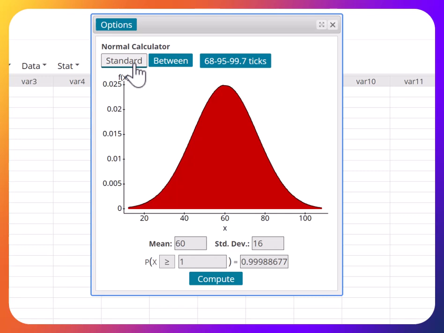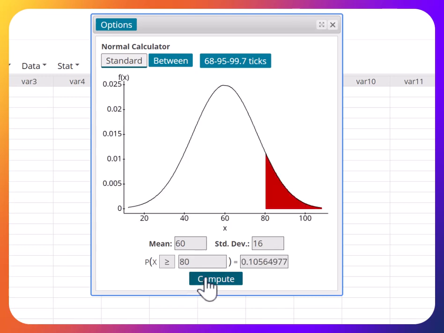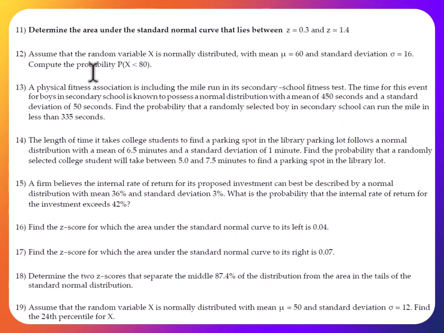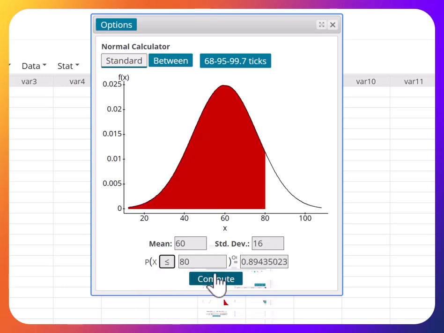We go to standard, and he wants the probability of x more than 80. That's the answer. More than, and 0.056. Okay. My apology, I did more than 80, but the question is for x less than 80, probability of x less than 80. So we can easily do it. Look right here. Less than 80, compute. That's the answer.